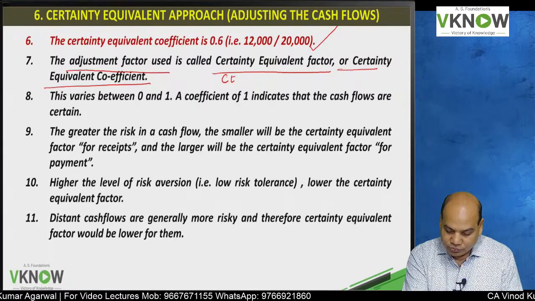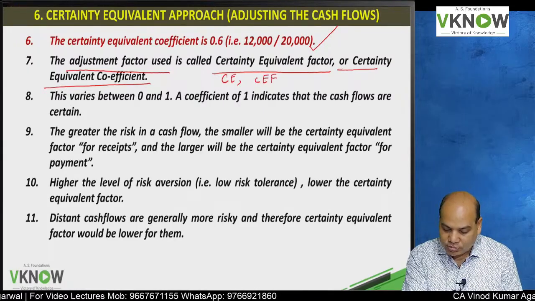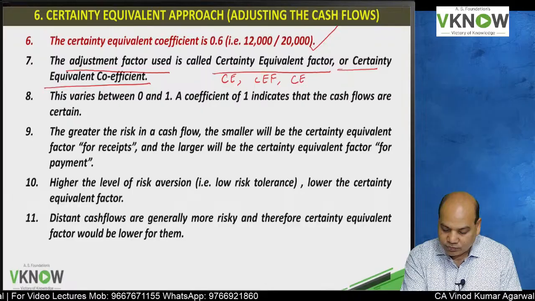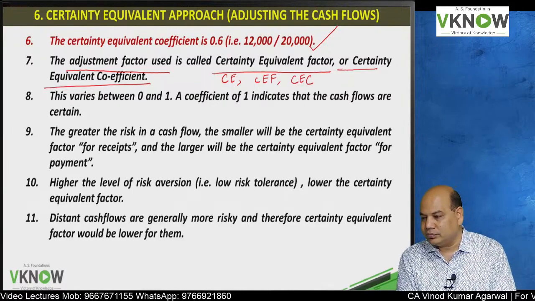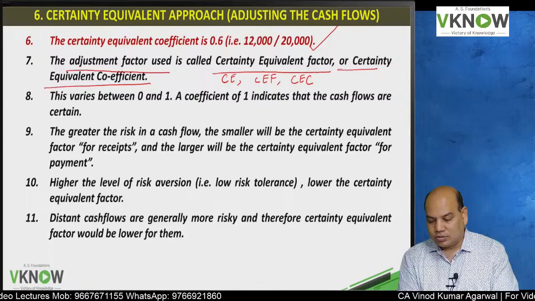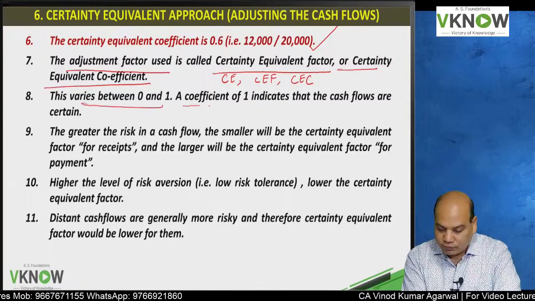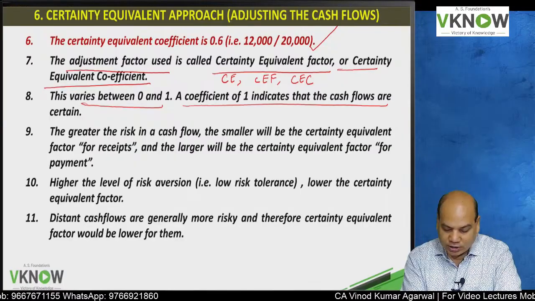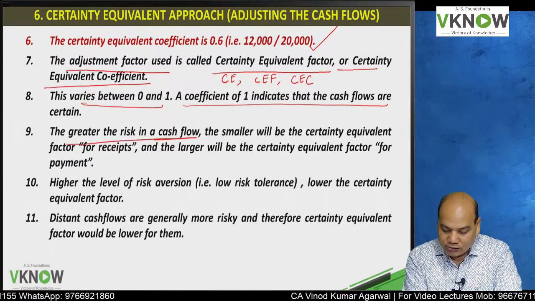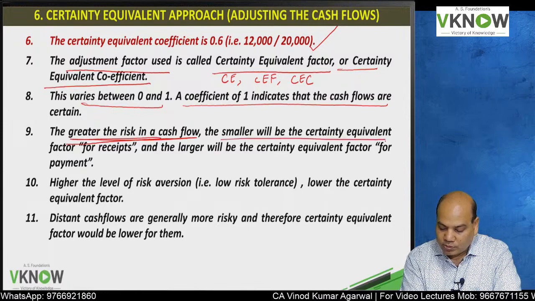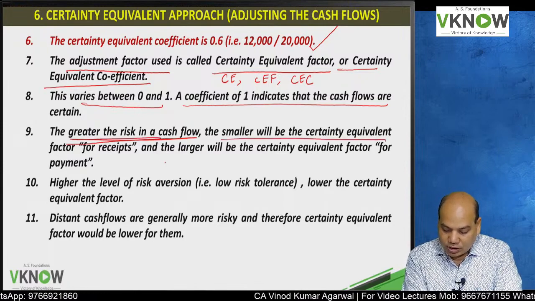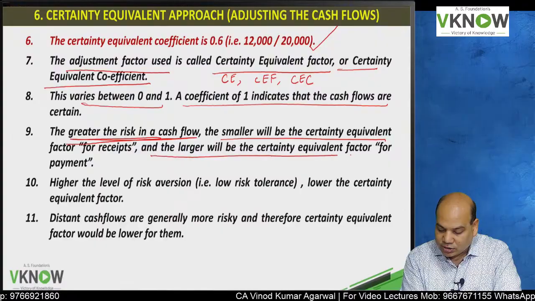In some books they write CE, in some books CEF, in some books CEC. All are same. Range is 0 to 1. 1 means cash flows are fully certain. 0 means fully uncertain.